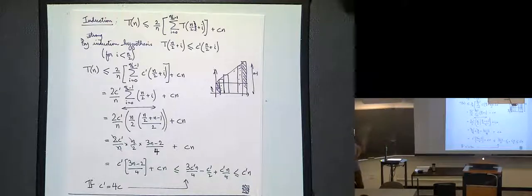Maybe a lot of this doesn't make sense yet, but you go back and it'll make sense. It's very illuminating to see how divide and conquer works for this problem. This is surprisingly not as well known a fact as you might think, that you can find the median in linear time.